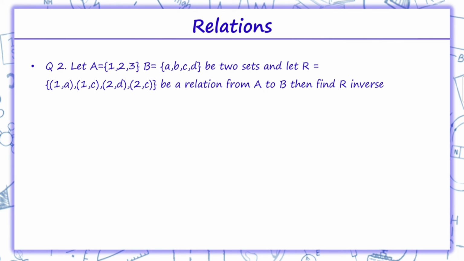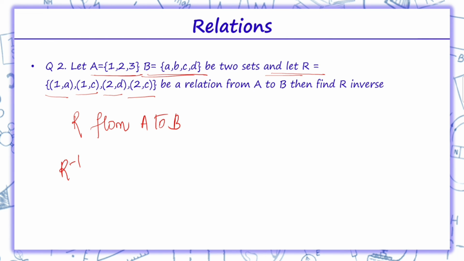Coming on to the next question. Over here we are provided with set A as 1, 2, 3 and set B as a, b, c, d. The relation given to us is 1a, 1c, 2d, 2c. It is a relation from A to B. Now since we have to calculate R inverse, we should know that (a, b) belongs to R implies that (b, a) belongs to R inverse.